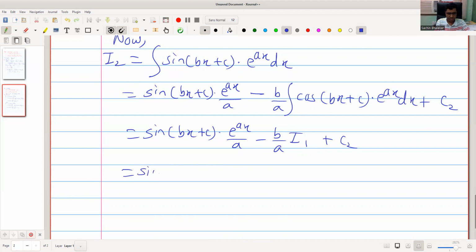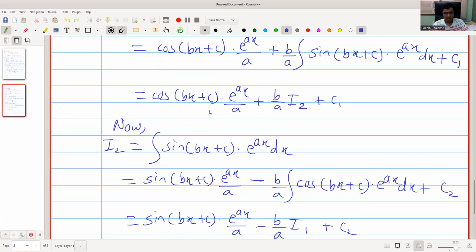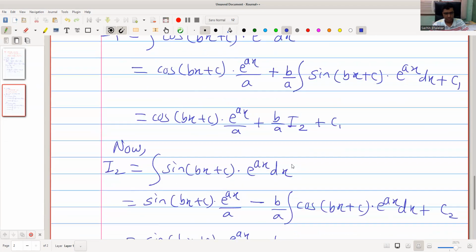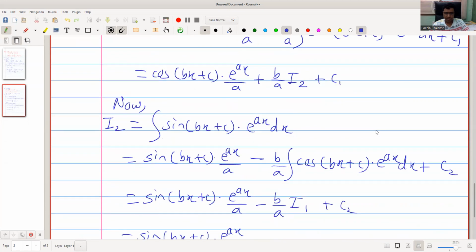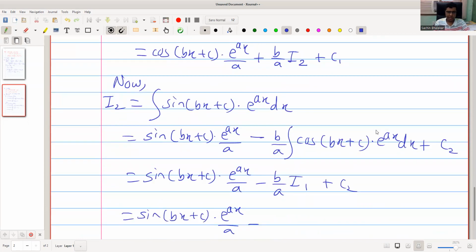So it is sine of bx plus c into e raised to ax upon a minus b upon a into I1, so this becomes minus cos bx plus c into b, e raised to ax upon this a and this a, so a square.